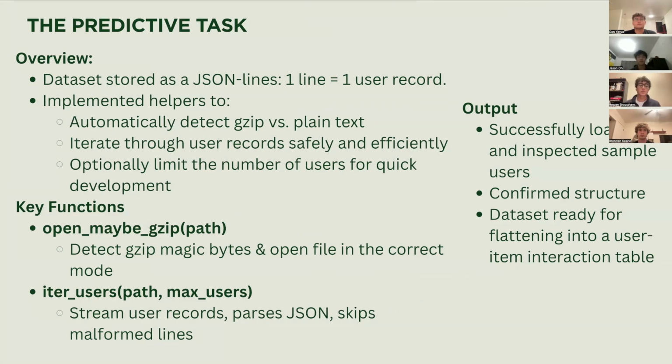Some key functions are open maybe gzip, which detects gzip magic bytes and opens files in the correct mode, as well as iter users, which streams user records, parses the JSON and skips malformed lines. Ultimately, this gave us a data set that was ready to be worked with.